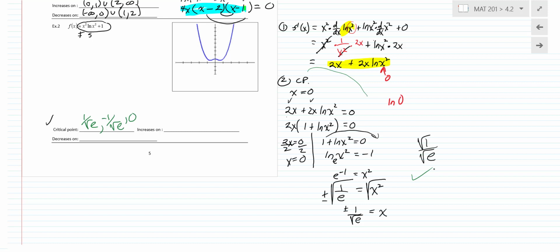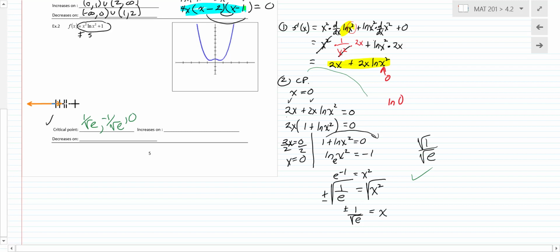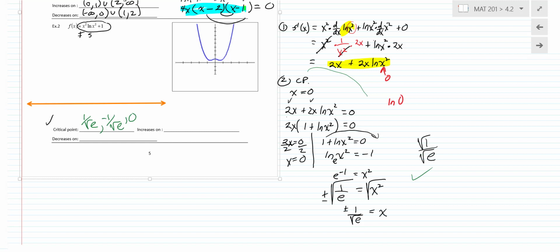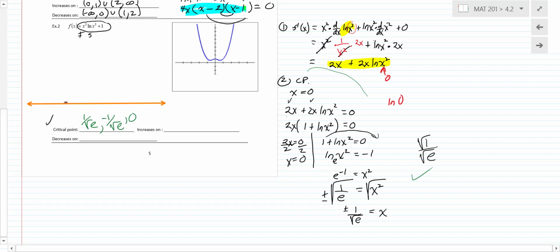Okay. Right, so now what we do is we got to do a sign chart on this one. This gets a little messy because you've got these irrational numbers with the e on it here. So let's go ahead like we've been doing, and draw a number line, okay, like this, and we're going to put down our points here.